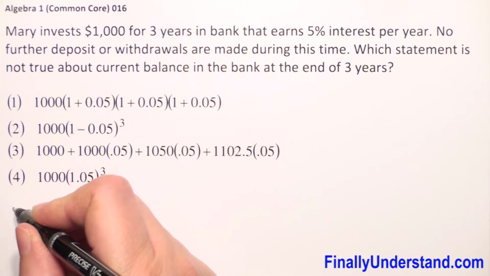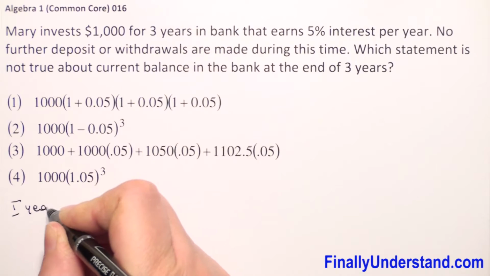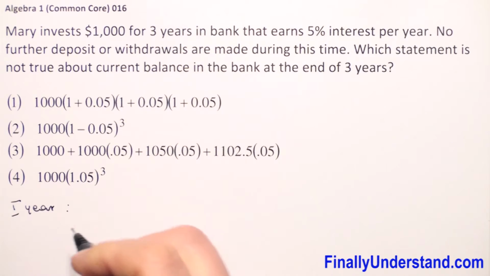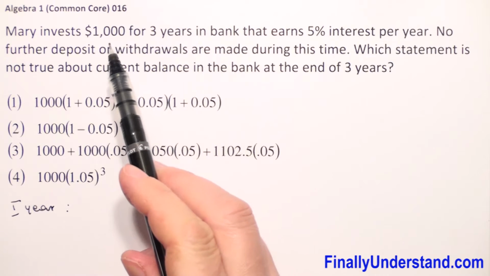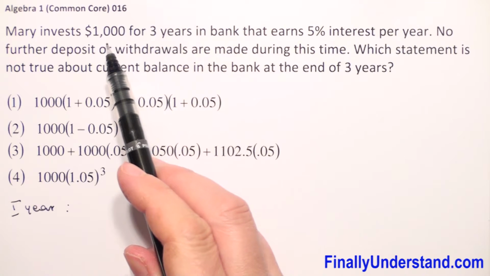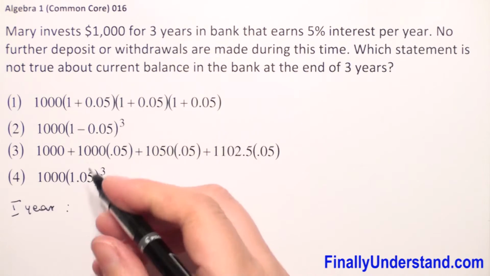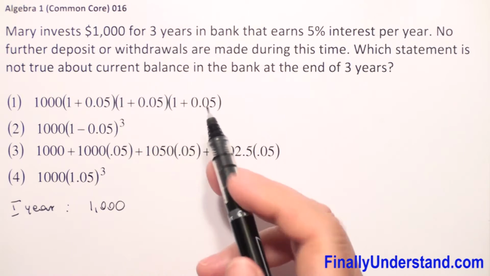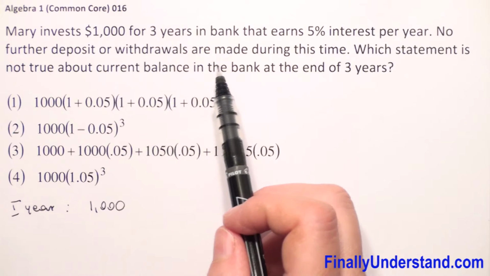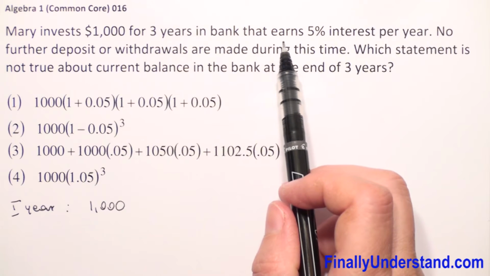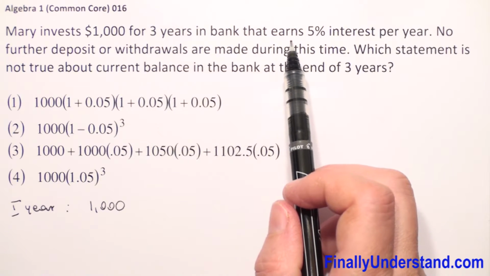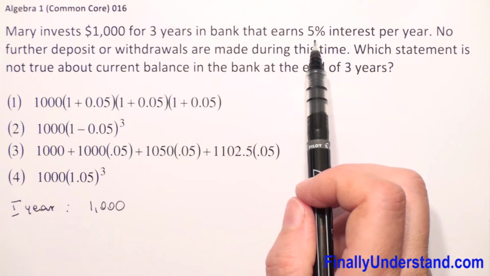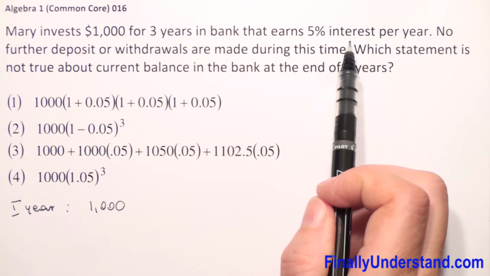So at the end of the first year, what will it be? She deposits $1,000. Let's forget about the dollar symbol. So we have 1,000. And at the end of the year, the bank gives her 5% interest.